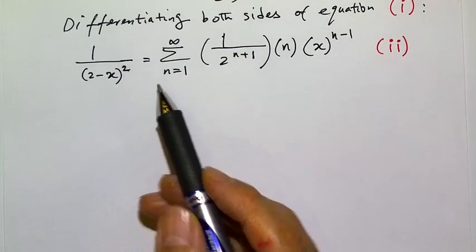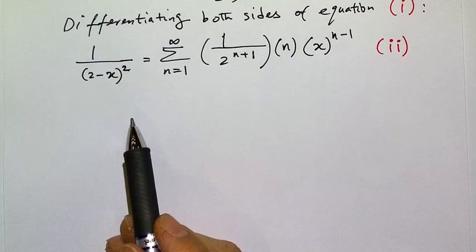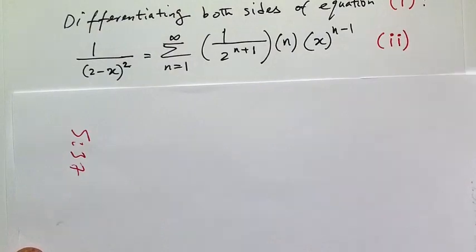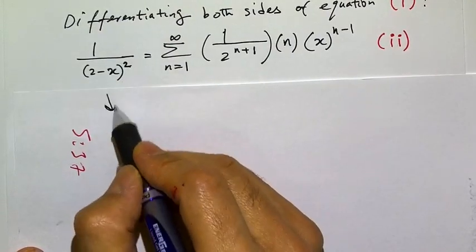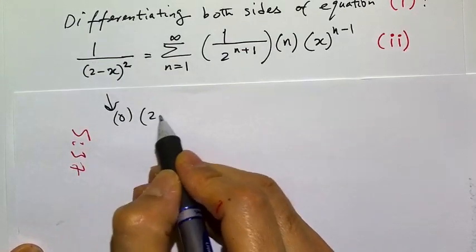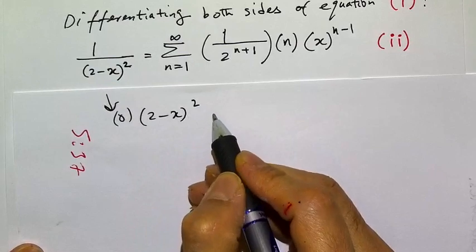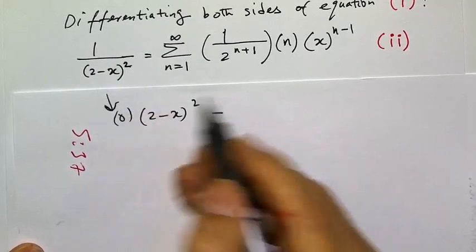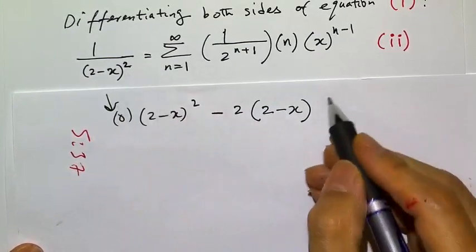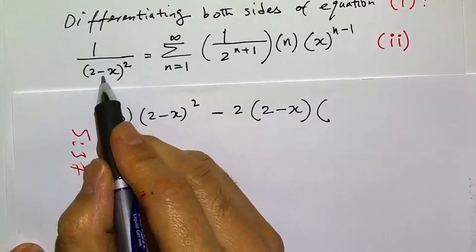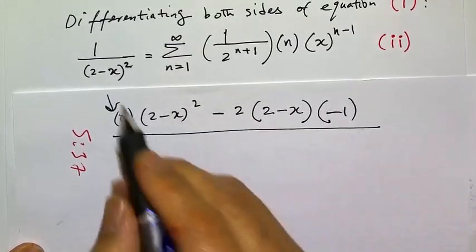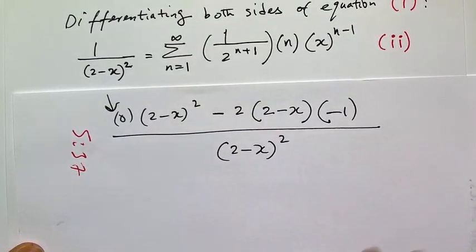So if we do that, what are we going to get? We will have the derivative of that will be, again, 0 times 2 minus x squared, then minus the derivative of that, which would be 2 times 2 minus x to power 1 times, by the chain rule, times minus 1, over 2 minus x squared.